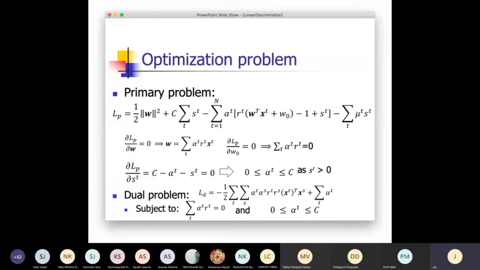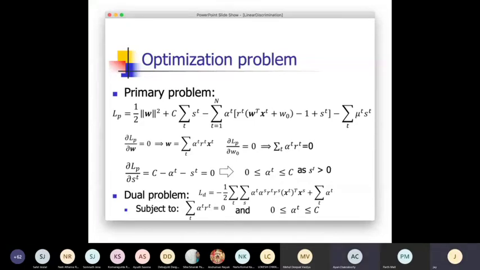Sir, alpha t is the Lagrange multiplier, because for the constraint that class label into w transpose x_t plus w naught should be greater than 1. Yeah. And what is this mu t? So this is also a Lagrange multiplier to keep the constraint that all slack variables should be positive.